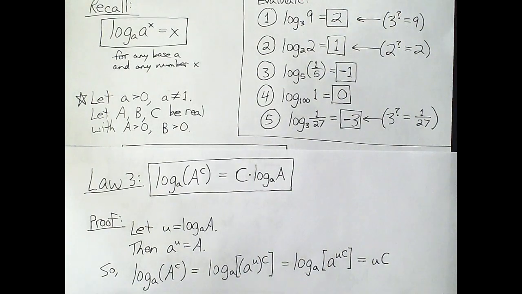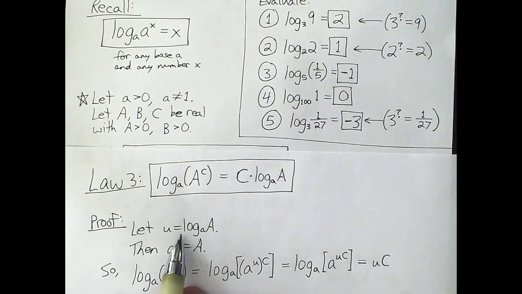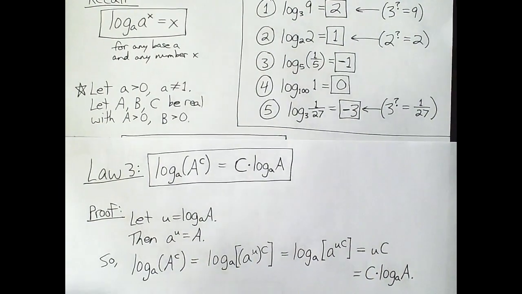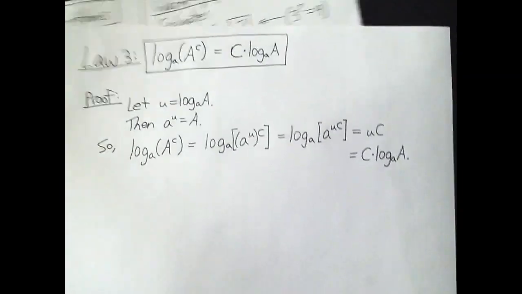Does that get us what we want? Well, it does, because look at what lowercase u is. Lowercase u, we said, is log base a of A. So this whole thing is c times log base a of A. And that is the right-hand side of law 3. That's what we were trying to prove.